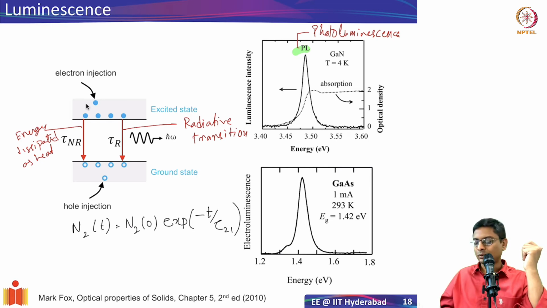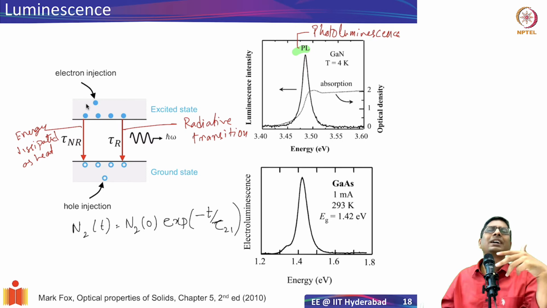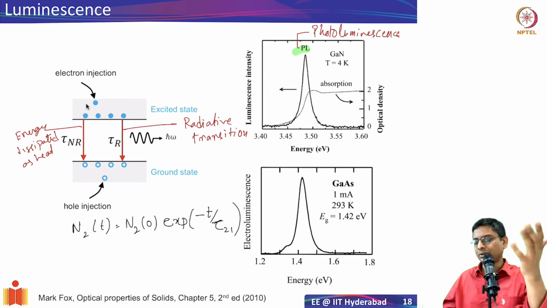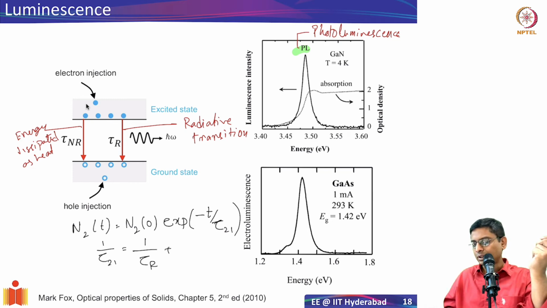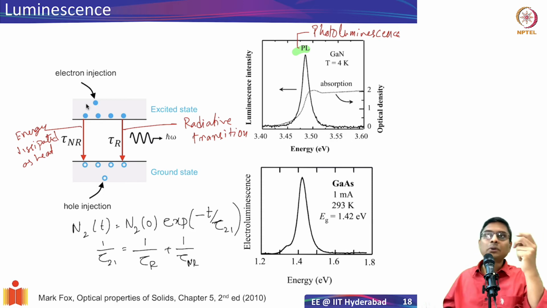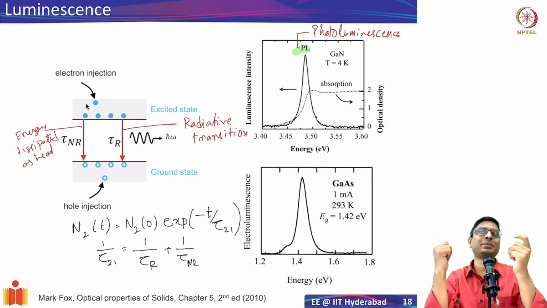Okay, what is this tau 21? This tau 21 is a lifetime of the higher state. When I have two states, I can even say tau 2, but in this case anyway there are two, so I don't mind. Okay, so tau 21, it essentially becomes 1 over the radiative time plus 1 over the non-radiative time. Okay, so this is how overall lifetime of the excited state behaves.